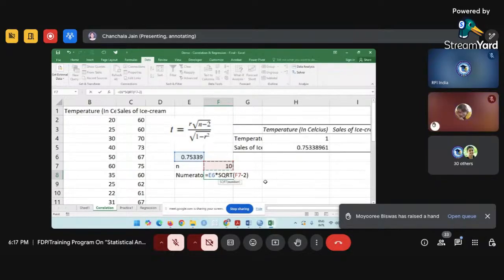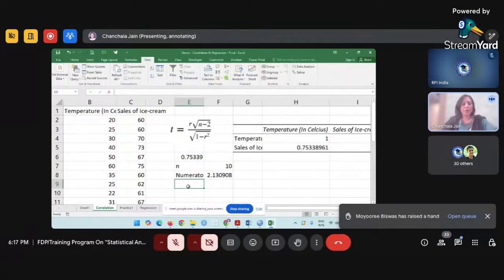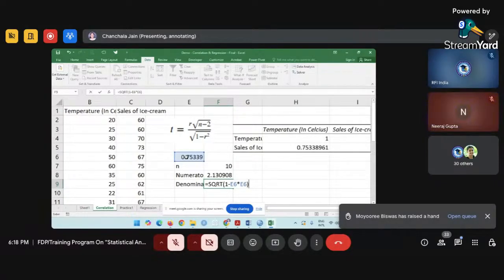Now we'll calculate the denominator. Denominator says square root of 1 minus r square, meaning r into r. Done? So may I press enter, everyone?